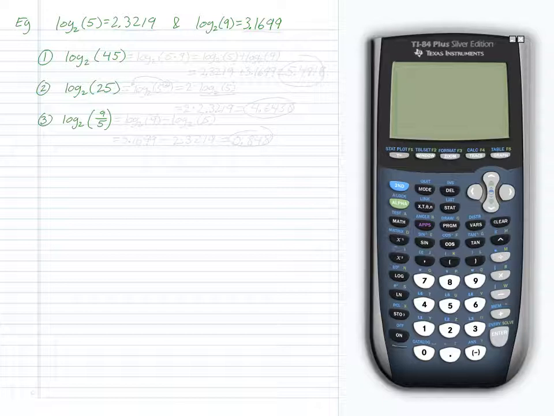To simplify our first example, I need to notice that 45 is the product of 5 and 9. I can then apply the first fundamental property to write this as the sum log base 2 of 5 plus log base 2 of 9, both of which I know the value of.